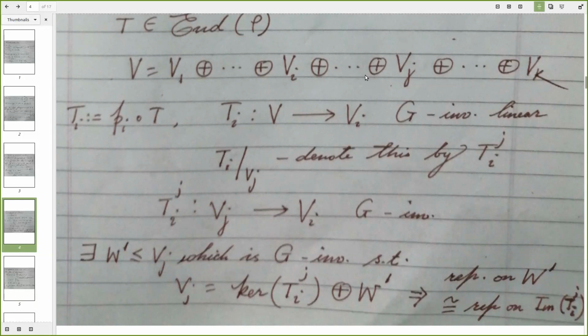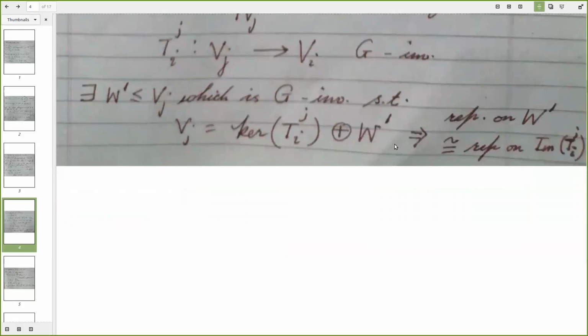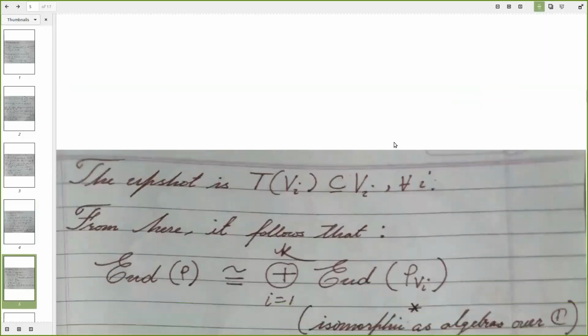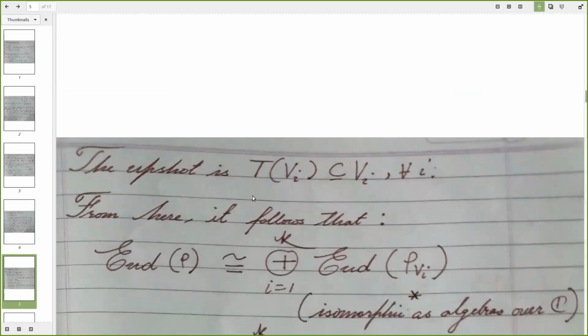So the upshot is, each Vi goes exactly inside Vi, because in the image of a vector from Vi by T, any other jth component must be 0. So the upshot is T of Vi is a subspace of Vi.